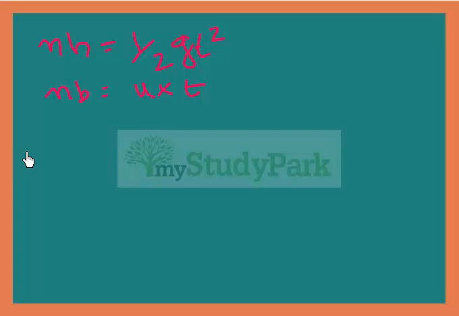So we are supposed to find t, so we will do 1 upon 2. Let's call this 1 and this 2. So you have h by b equals half gt square by ut, which implies 2uh by bg equals t.